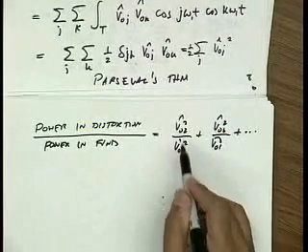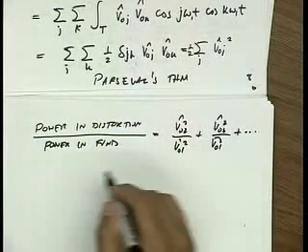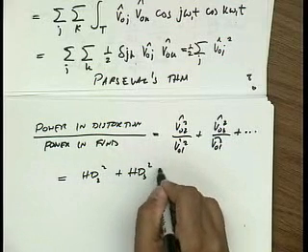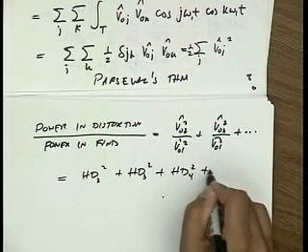And of course, what do we call this? We call this ratio HD2, so it's HD2 squared plus HD3 squared plus HD4 squared, and so on.